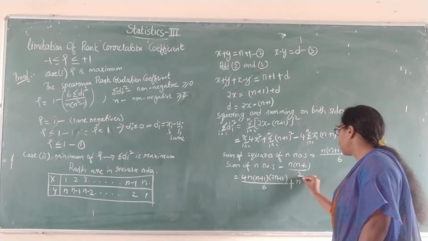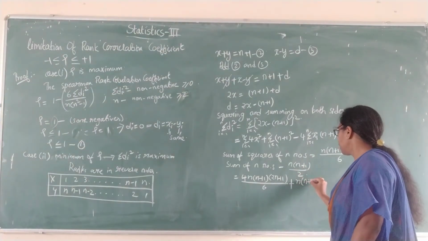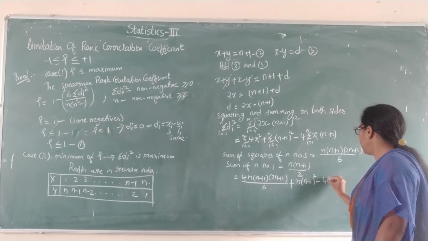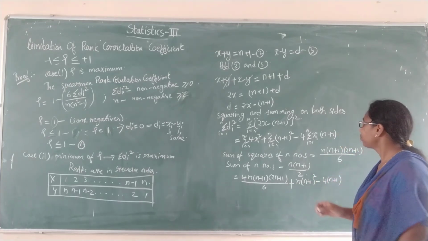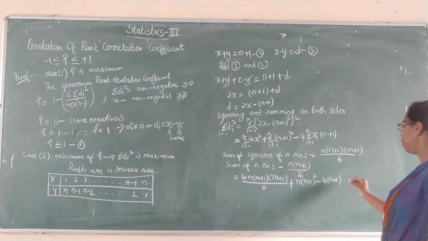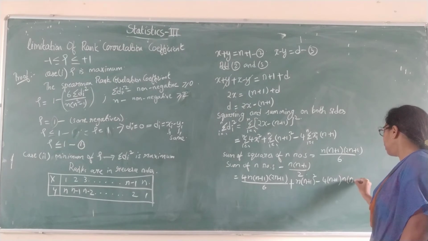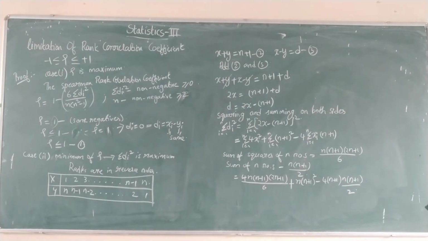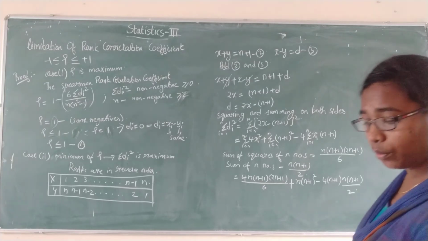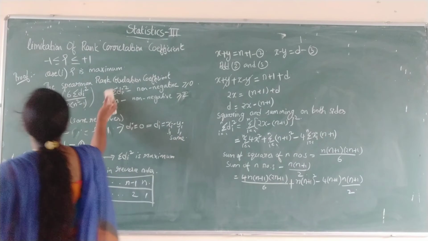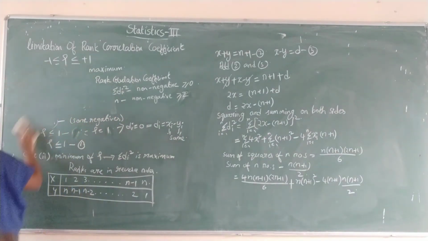So you get n into (n plus 1) whole square as it is, minus 4 into (n plus 1) as it is, times the summation xi value, which is n into (n plus 1) by 2. Now if you observe, you can take n into (n plus 1) common.